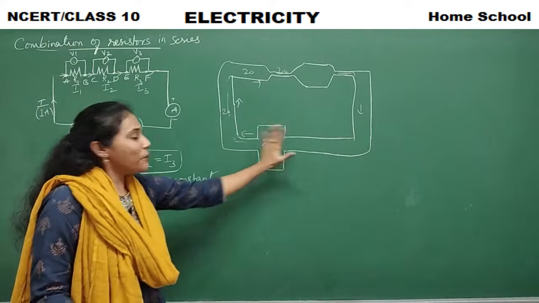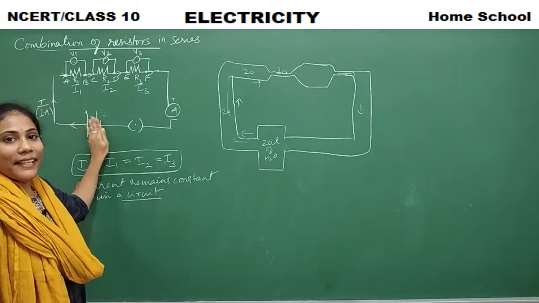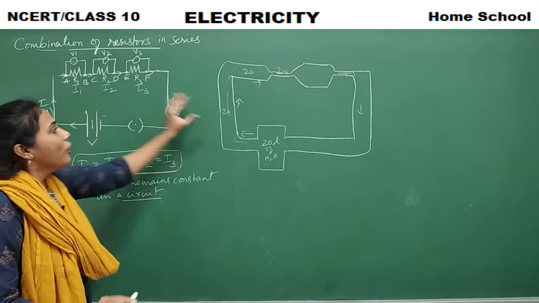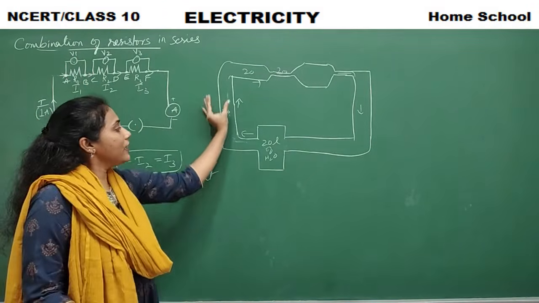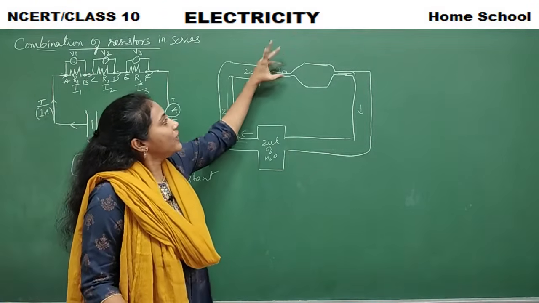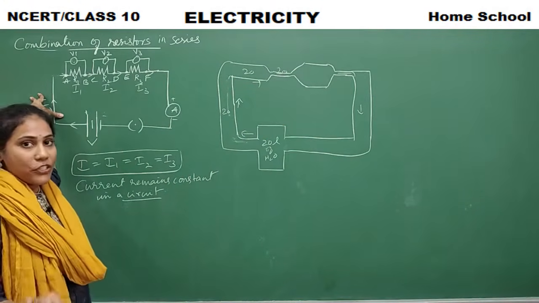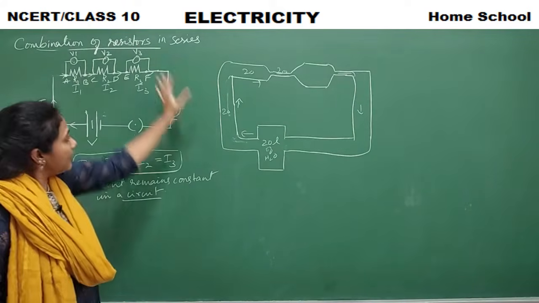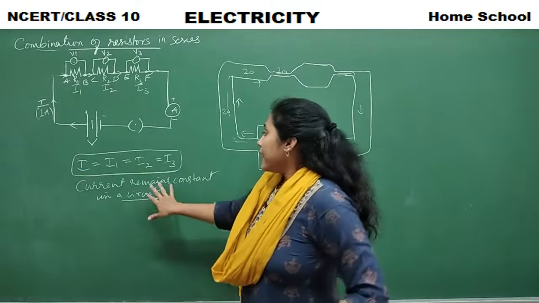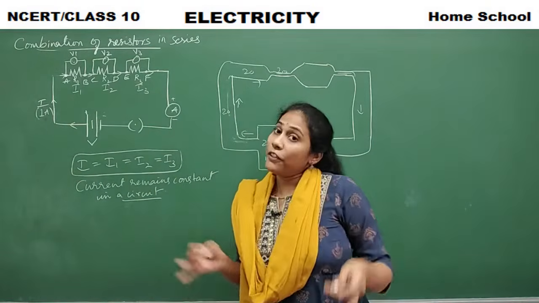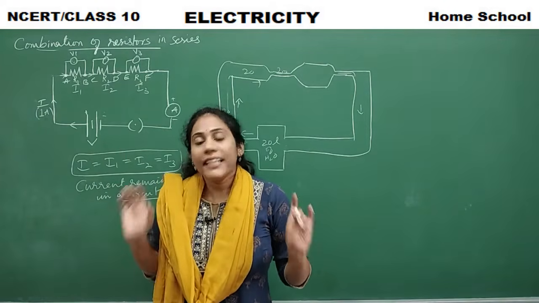The pump is pushing the water to flow in one particular direction, so pump compares with the battery. This is pushing the current to flow, and this particular area is nothing but your resistors. The 20 liters of water, as it is flowing this side, can flow through the narrower area, right? So the same concept here: the amount of current that is generated will flow throughout the circuit in a constant way. That's the reason we normally say the current remains constant throughout the circuit when you connect the resistors in series. This is a very, very important point.